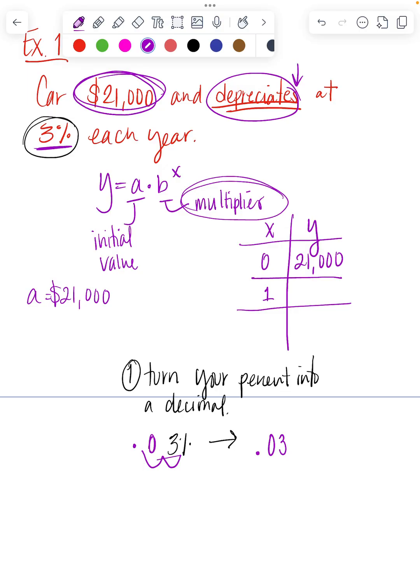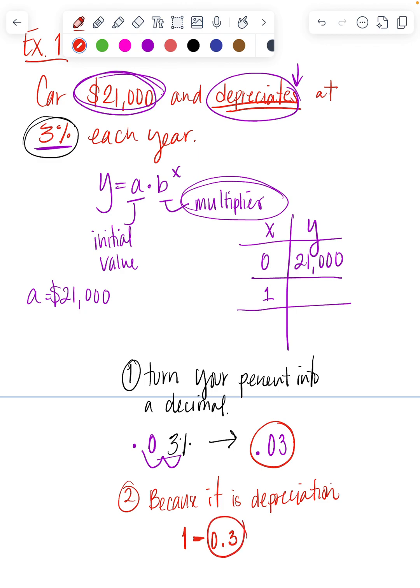The second step. Because it is depreciation, we have to take away from 1.